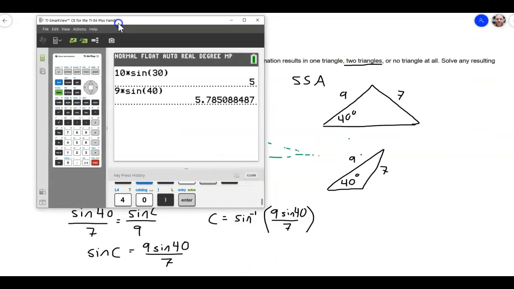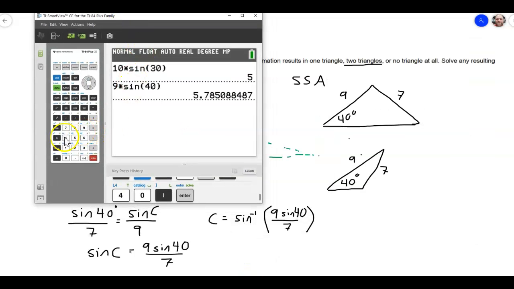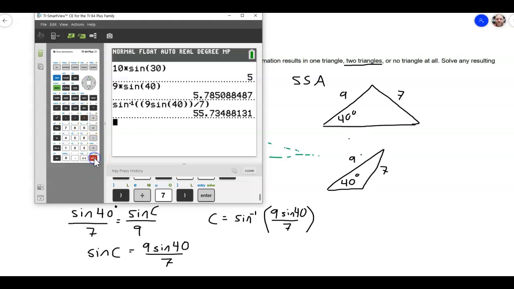We already know we're in degrees, so I'm going to do the inverse sine of, put the top in parentheses, 9 times the sine of 40, and divided by 7. All right, I think I have the correct number of parentheses.